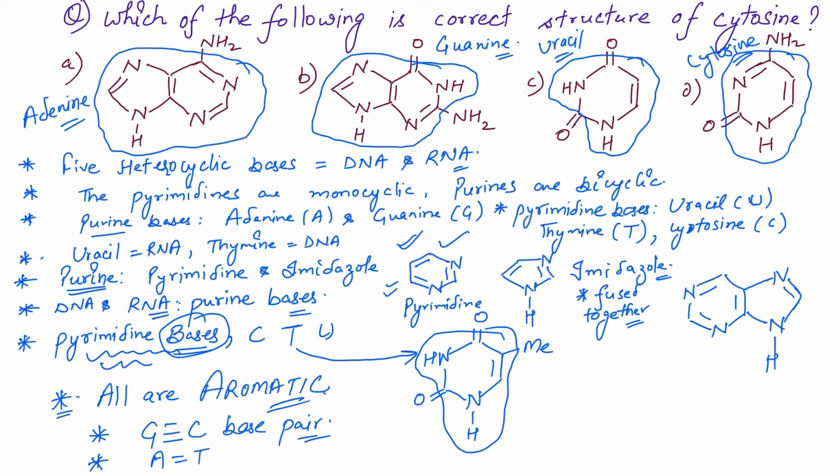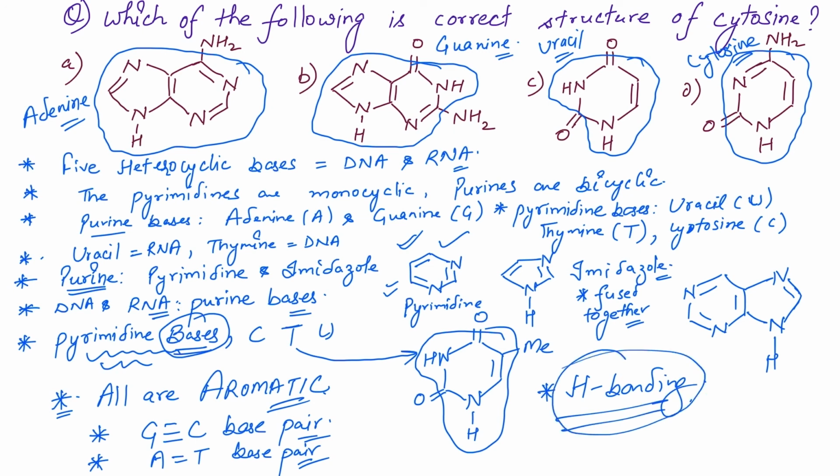And there is an adenine and thymine base pair with 2 bonds. So this is again a very important question that may be asked, and there is hydrogen bonding present in these. So please remember that hydrogen bonding is there.